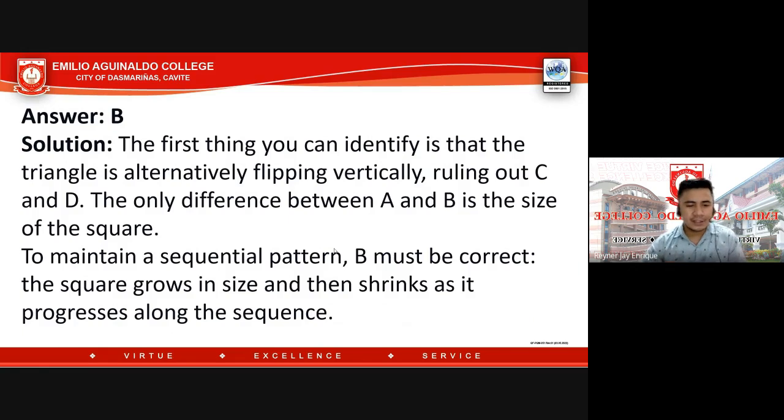Okay, so the answer is letter B. If you have seen that, we will be having some sort of illustration kung bakit naging B yung sagot, no?